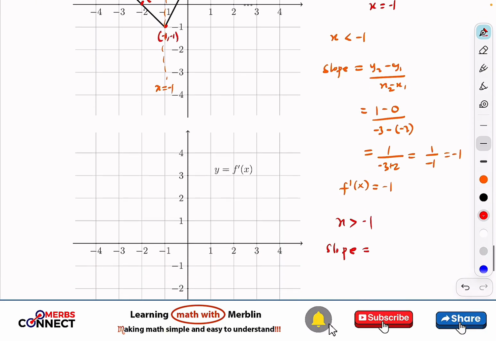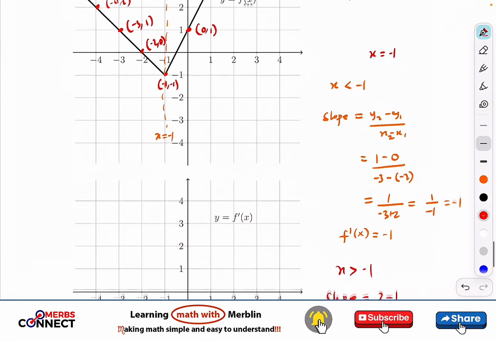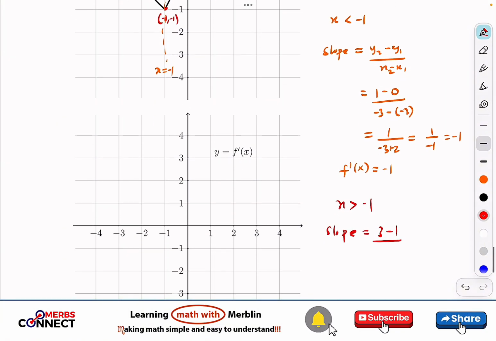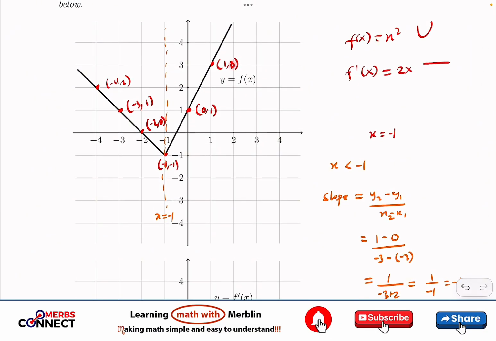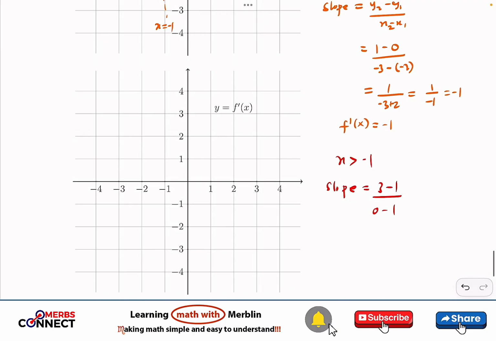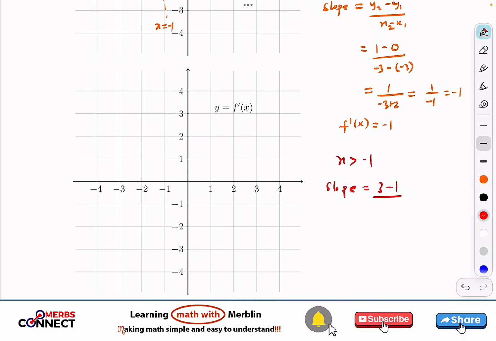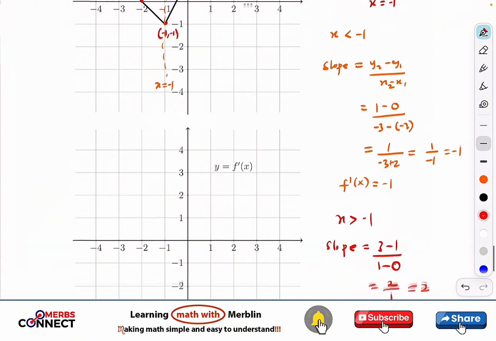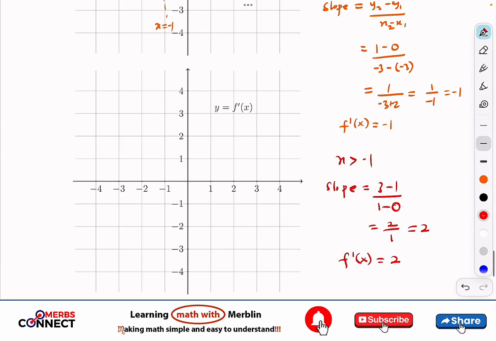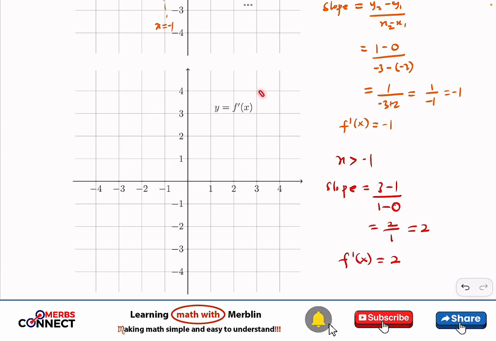So the change is 3 minus 1 divided by 1 minus 0. This gives us 2 divided by 1, which is 2. So the slope is 2.